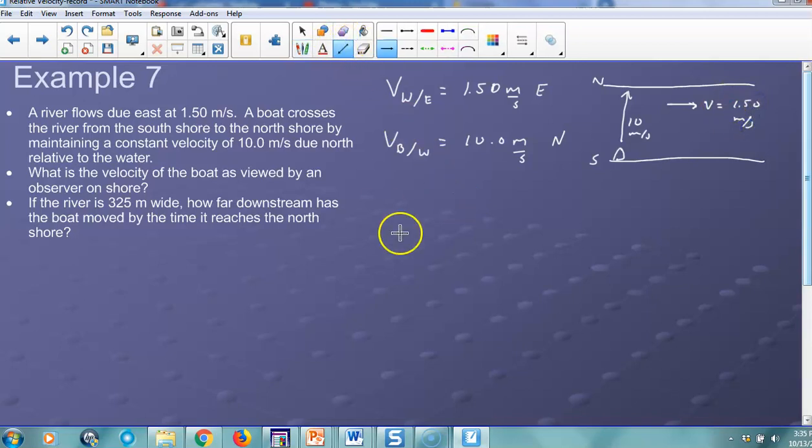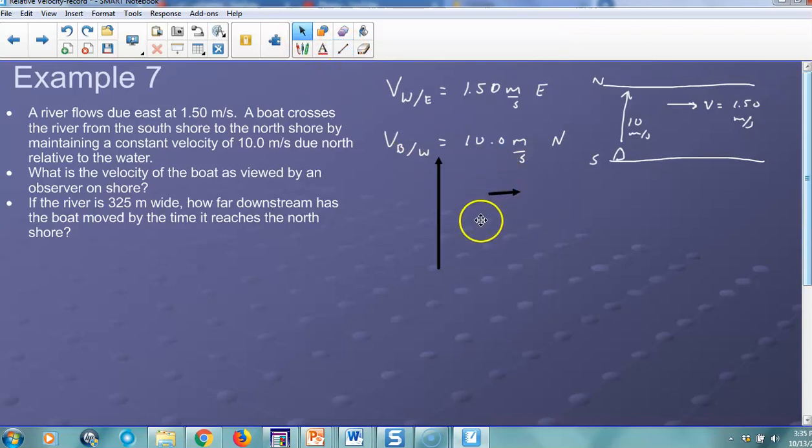So I'm going to sketch some vectors on this one. We've got our vector of 10 meters per second north, and we'll make that a little longer in a moment. And we've got our smaller vector for the current, river current, of 1.5. Increase the size of that a little bit.